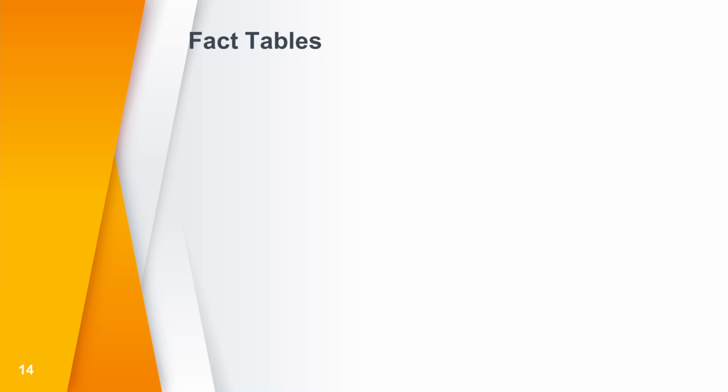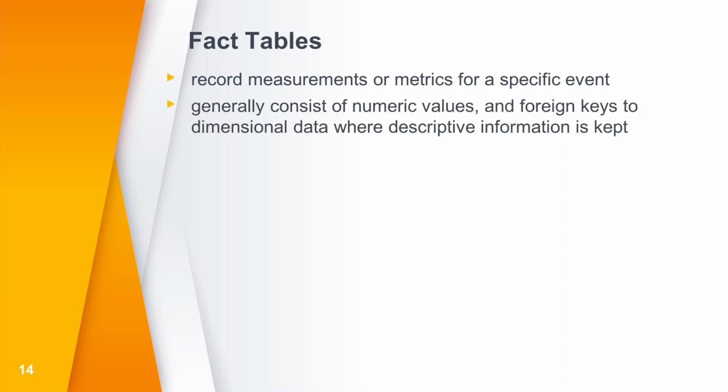So if we talk about fact tables, we're just referring to a table that records measurements or metrics for a specific event. Fact tables generally consist of numeric values and also foreign keys to dimensional data where the descriptive information is kept. There are three main types of fact tables.